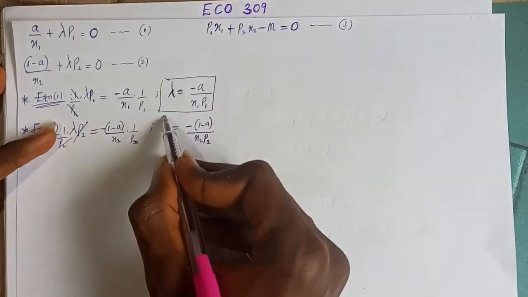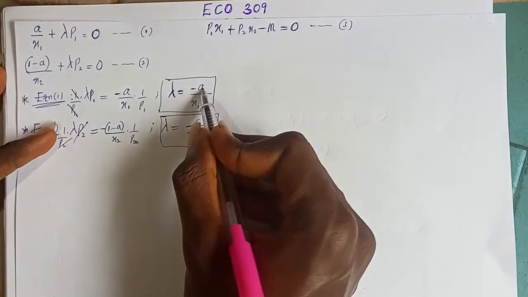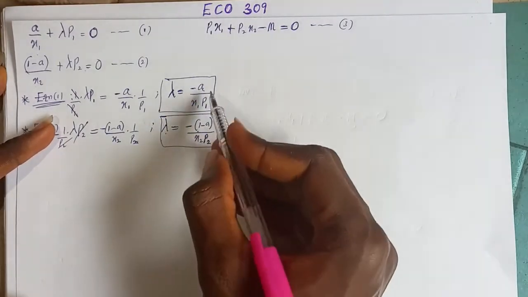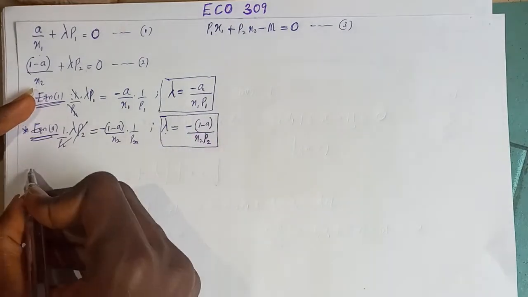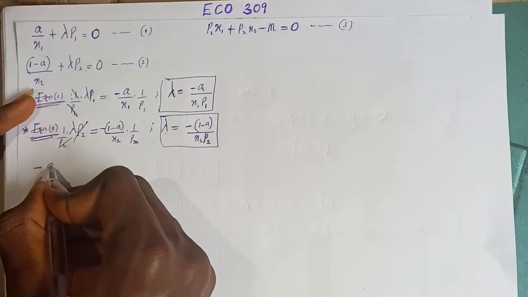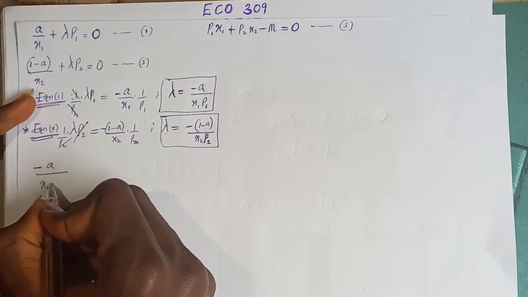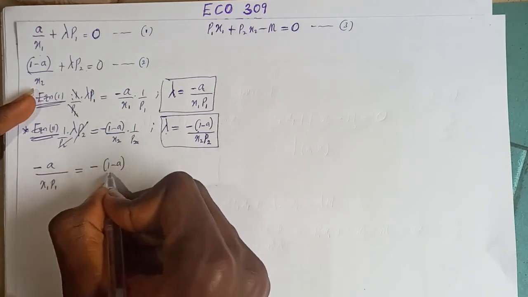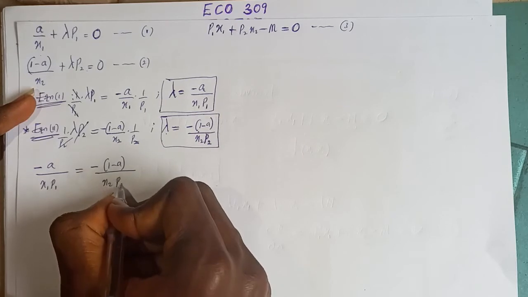So since lambda is equal to this result and lambda is equal to this result, then I can easily say that this is equal to this. So that means I have minus a over x1 p1 is equal to minus 1 minus a over x2 p2.